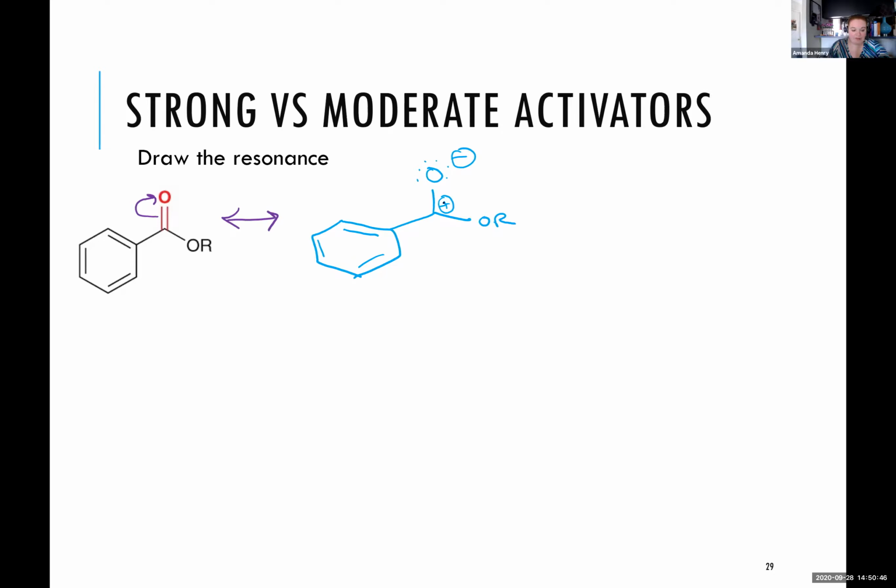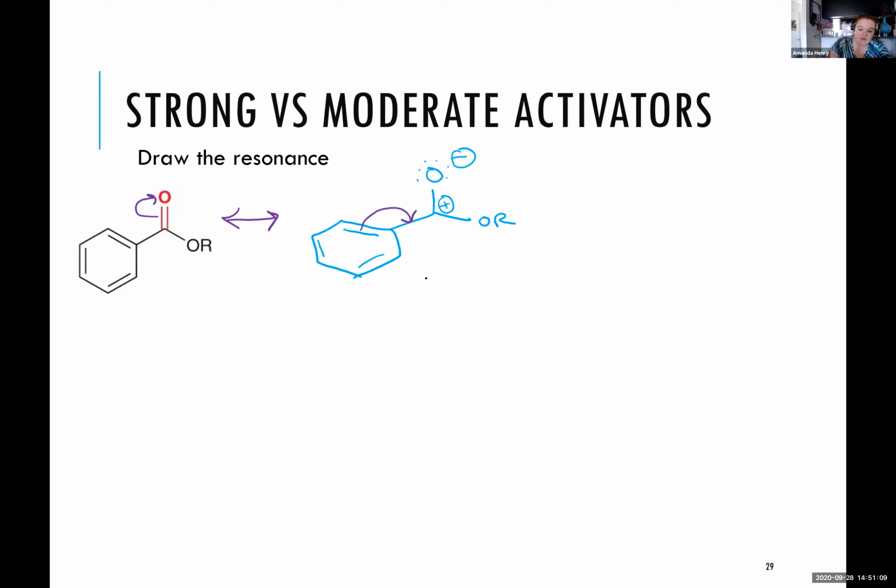So now there's 2 different things that can happen at this time. If I'm going to draw my arrow going towards that carbocation, where can I start my arrow? Yeah, we can definitely start from the pi bond in the ring. So I'm going to go from right here to right here.